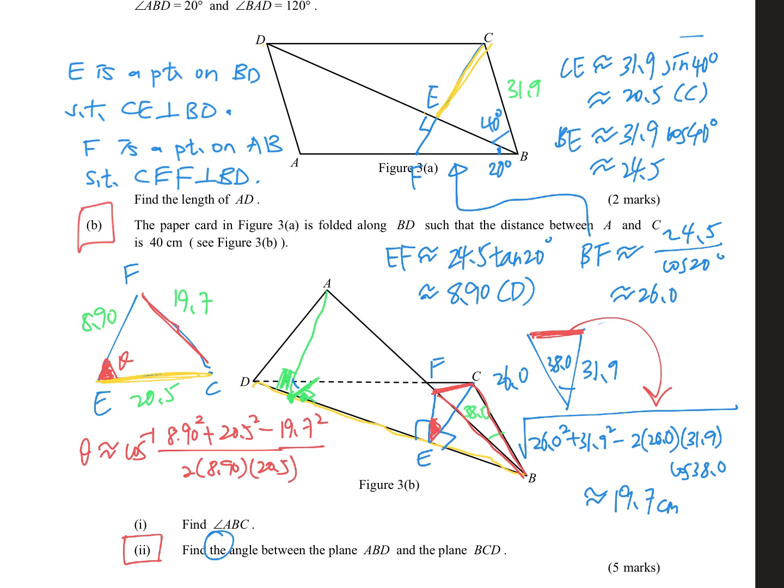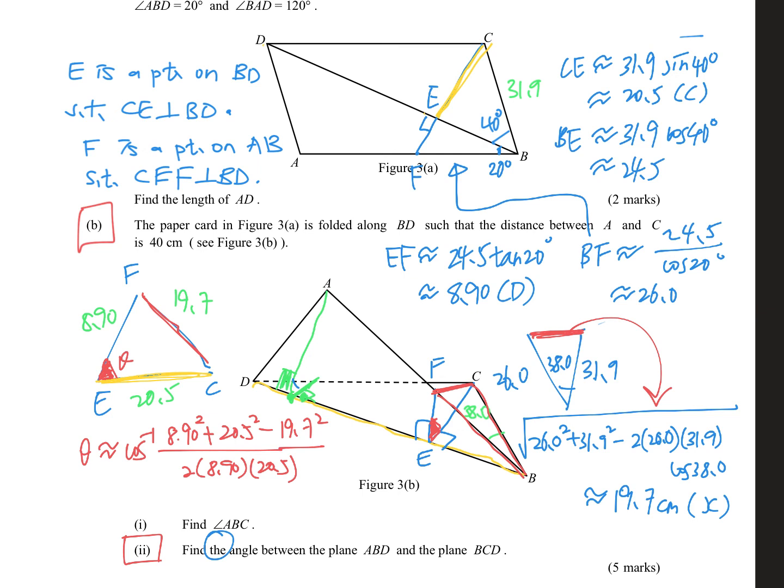D squared plus 20.5, C, squared, and then minus X squared, 19.7 squared. Wait, we have to say it to be X. So Y squared plus C squared minus X squared, over 2 times Y times C.